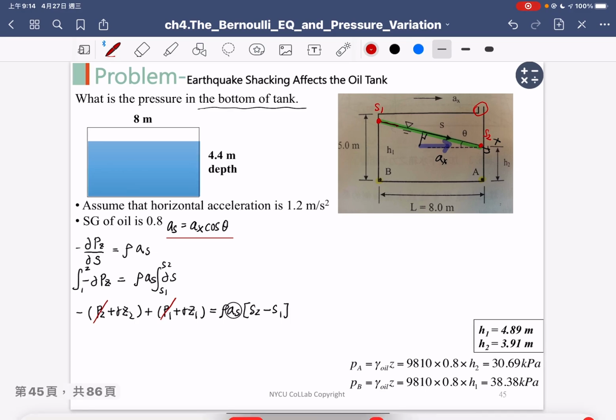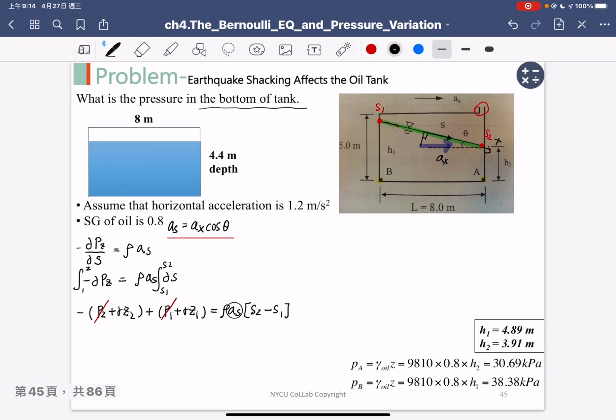Minus gamma Z2 plus gamma Z1 will equal rho AX cosine theta, multiplied by the streamline point 2 minus the streamline point 1.